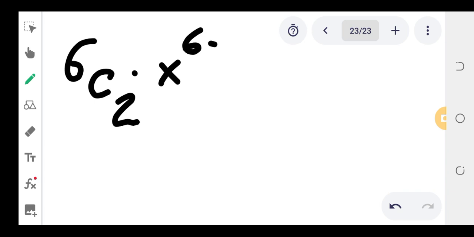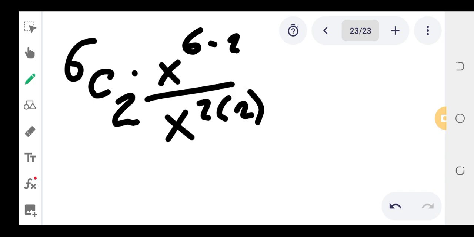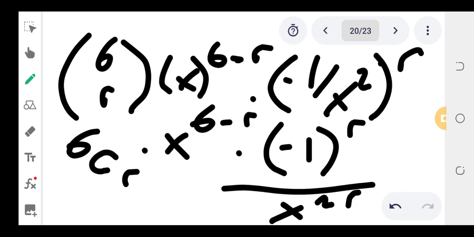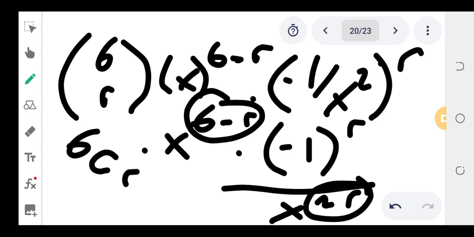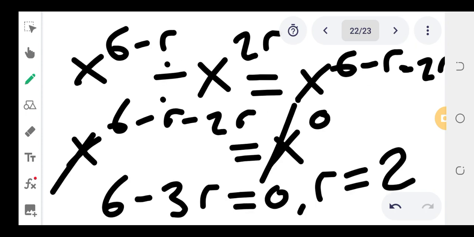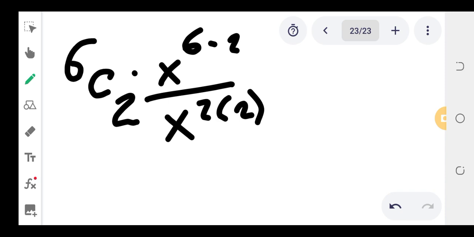So we say 6 minus 2 over x, the value of r there is 2, multiplied by negative 1.